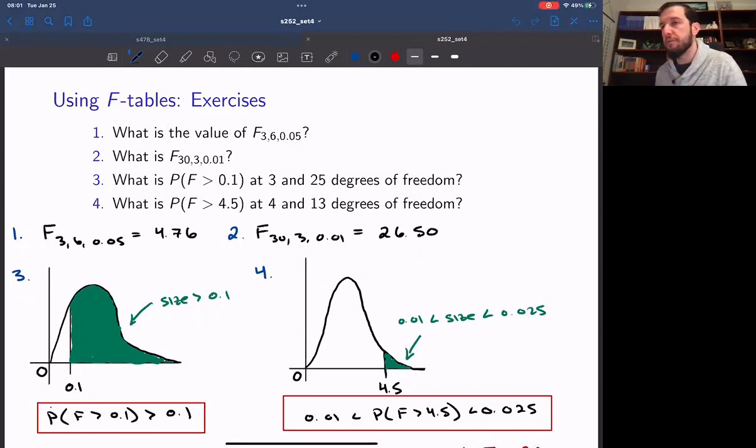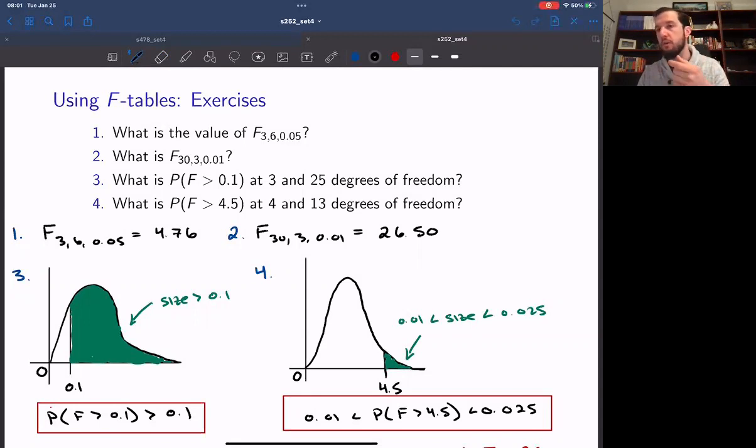We finished off on Thursday studying the F distribution. So the first part of lecture set 5 was an introduction to, or a description of, and examples of how to use the F distribution to find critical values and to find p-values.